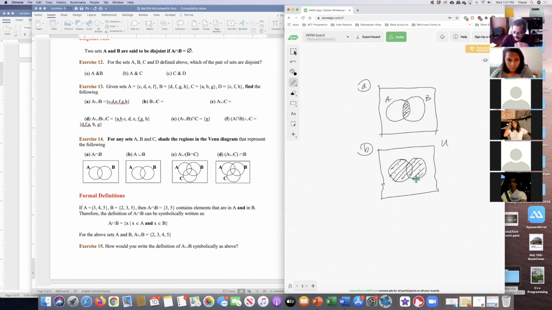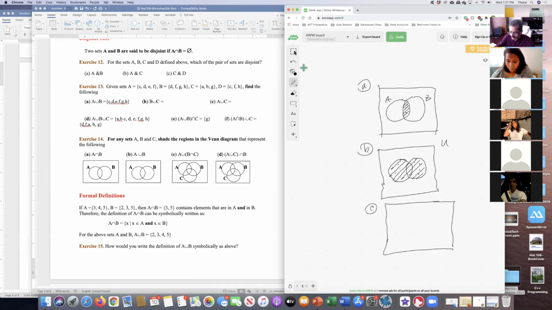Part C says A union B intersection C. Okay, so that means I have to find B intersection C first, and then I have to combine it with A, right? So I'm going to go step by step and show you how to do that.